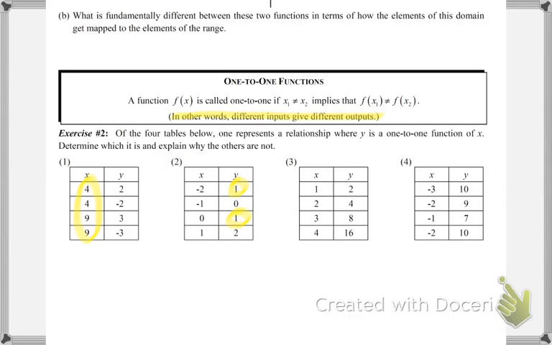Number 3 is a function because no x values nor y values repeat. Number 4 is not a function because these two x values repeat. So if it's not a function, it cannot be a one-to-one function.